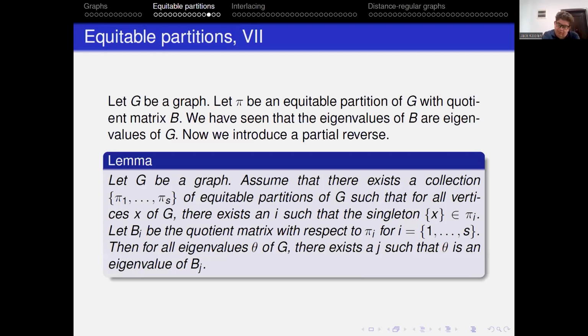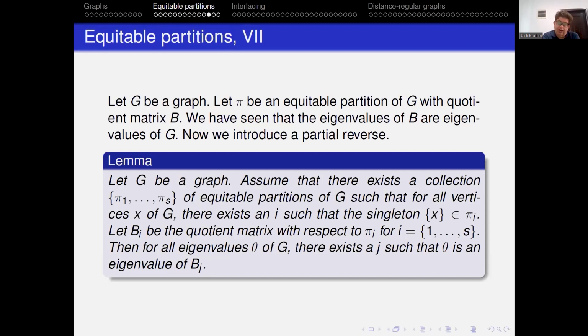So now we assume that we have a collection of equitable partitions such that for all vertices x there exists a partition pi_i such that one of the parts of pi_i is the singleton x. And let B_i be the quotient matrix, with i from 1 to s.